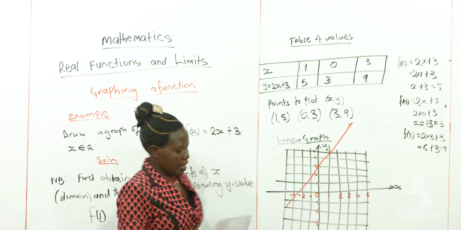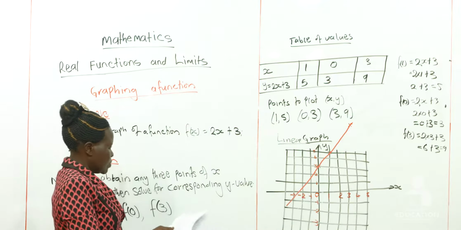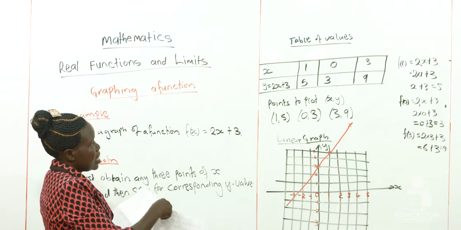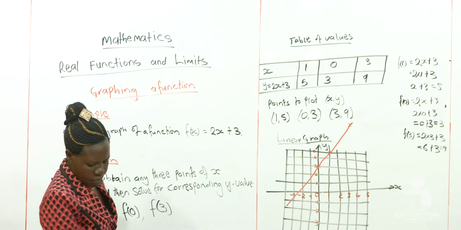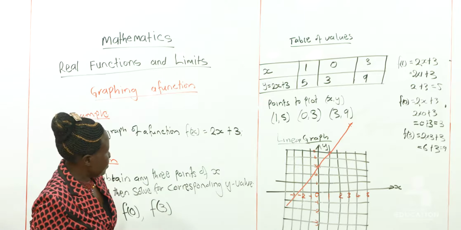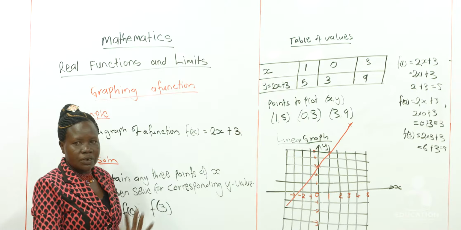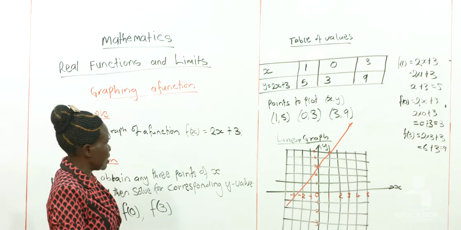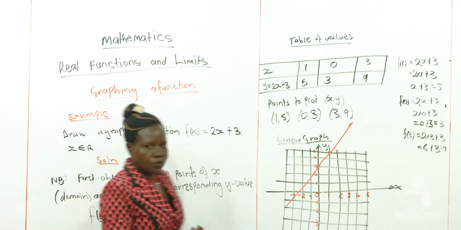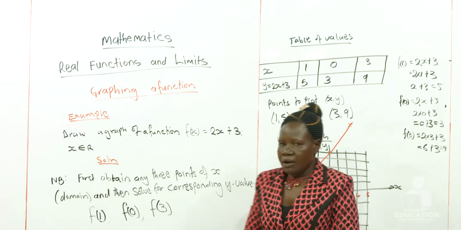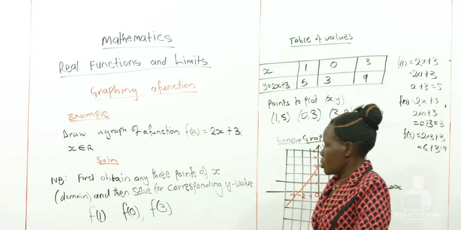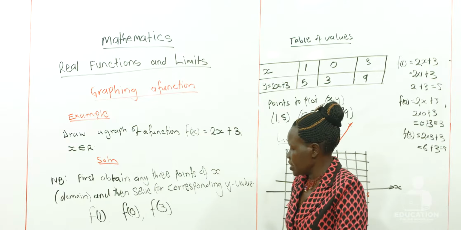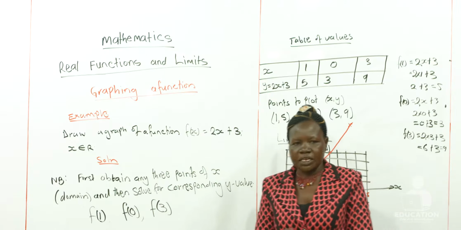So my dear learners, we have looked at how to draw a graph of a linear function, and I hope you have picked something from this. Take note of this as we are ending our lesson. If you are asked to draw a graph of a linear function, first of all, obtain the values of x if they are given.